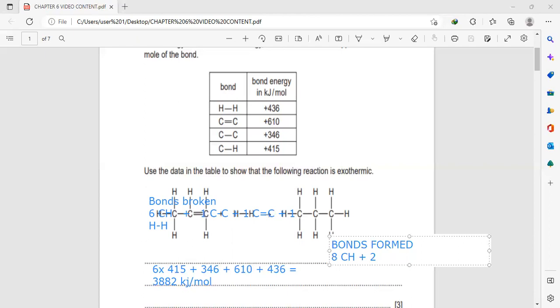We substitute the values: 8 times the C-H value 415, plus 2 times the C-C value 346, gives 4012 kilojoules per mole.